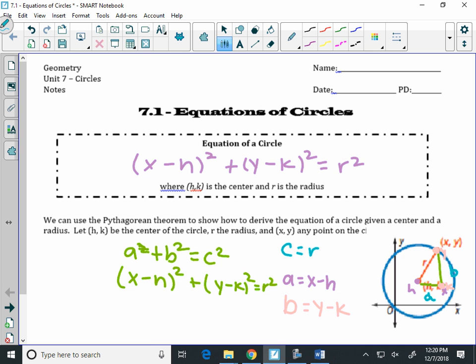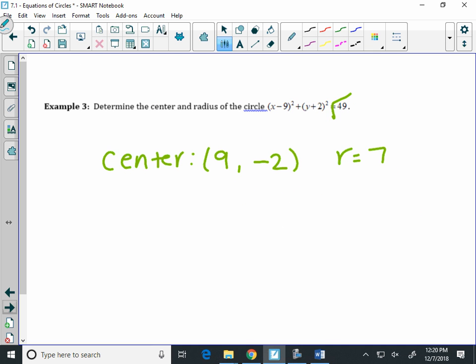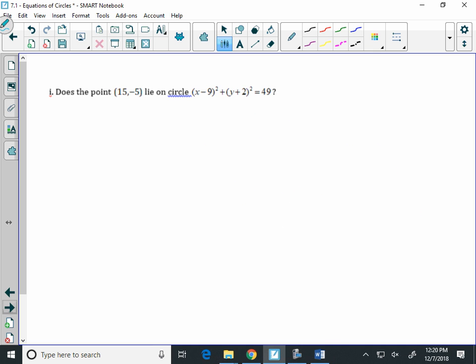If we plug in any x value on the edge of the circle in for x, and any y value on the edge of the circle in for y, it should equal our radius squared based off how we derived it. So if this point lies on this circle, then we should get 49 when we plug it in. If we don't get 49, then it's not on our circle. So again, we're taking 15 and plugging it in for x, and taking -5 and plugging it in for y.